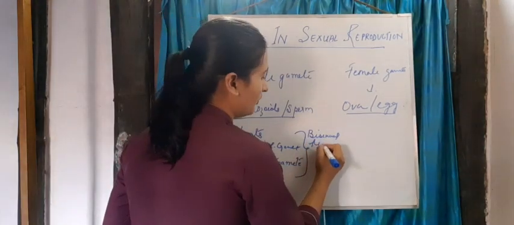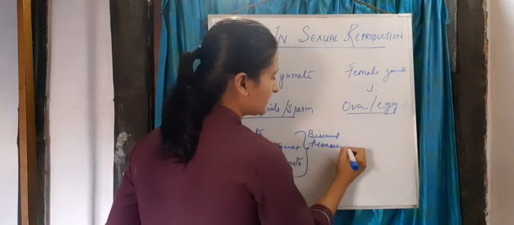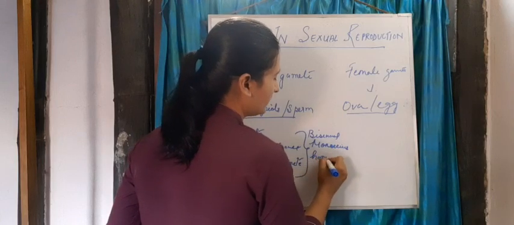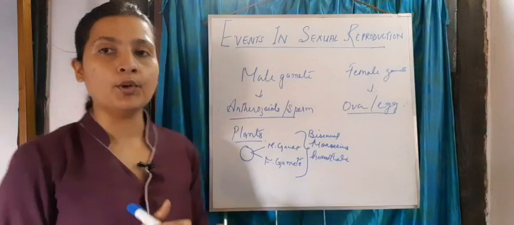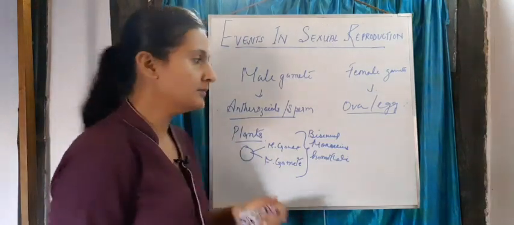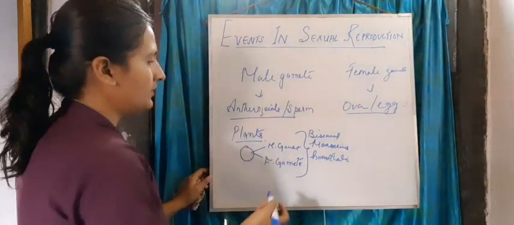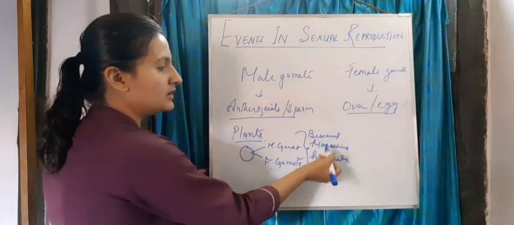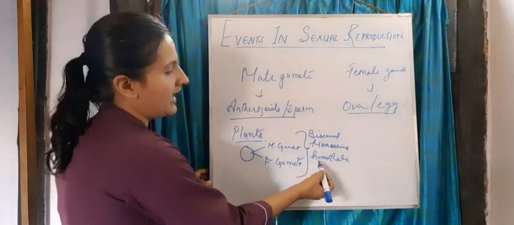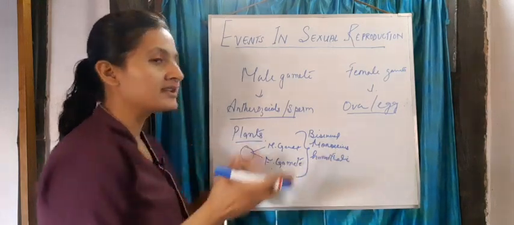They are also called monoecious or homothallic organisms. Bisexual, bi means what? Both, right? So those organisms which possess both male and female gametes are called bisexual. They are also called monoecious and homothallic. They present both the sexes.